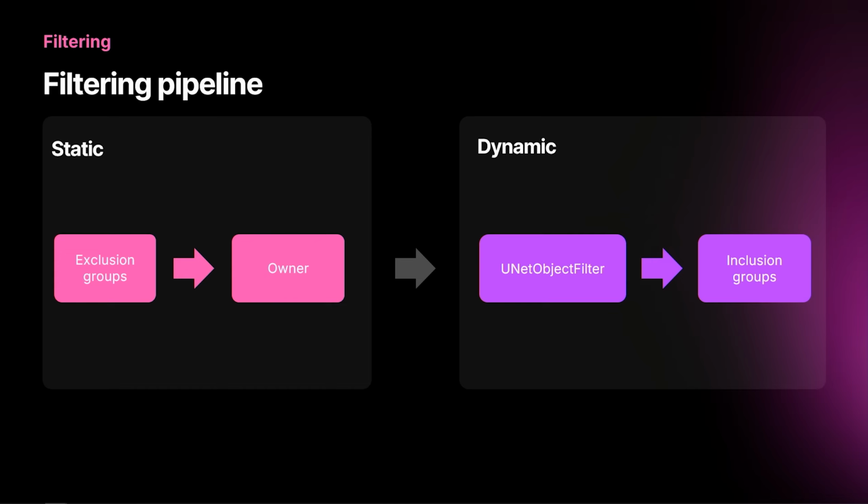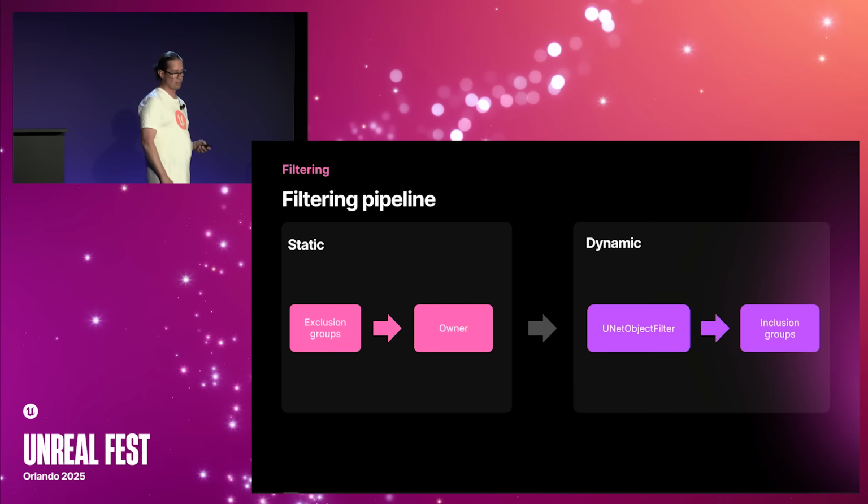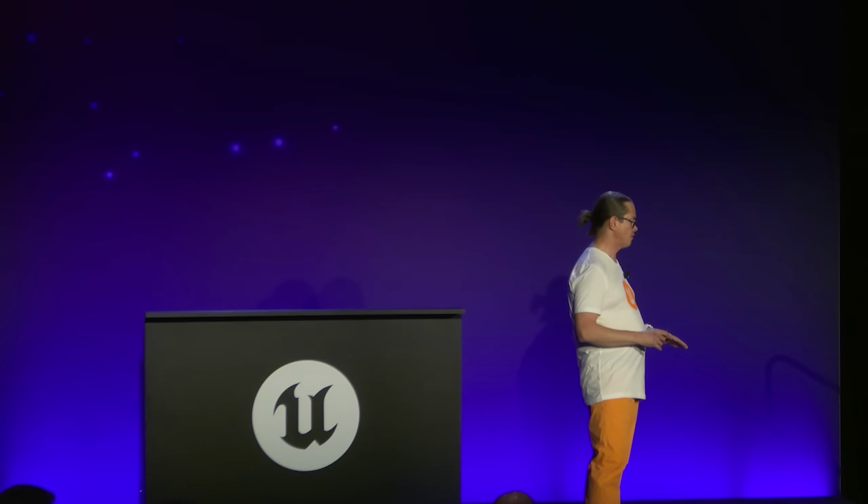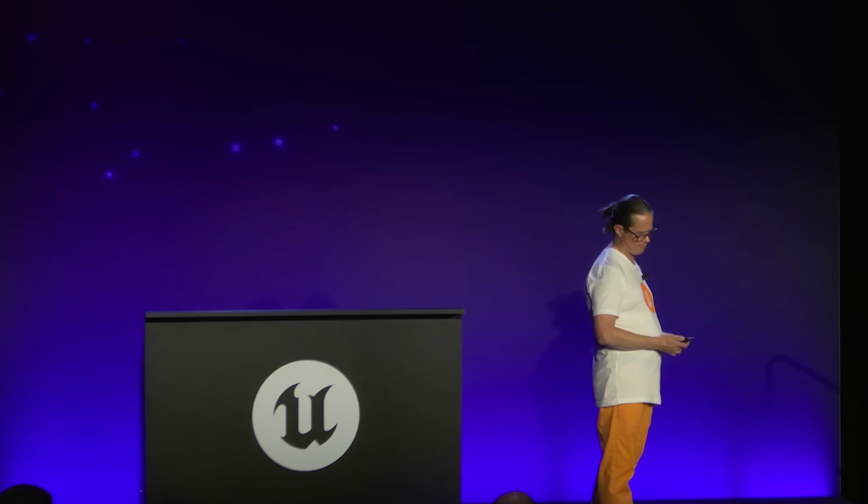And finally, inclusion groups, it's almost the same API in the replication system, but it can override the net object filter if the net object filter disallowed replication. Hence, inclusion group, it cannot do anything other than enabling replication of an object to one or more connections. There's also dependent actors, which isn't filtering, but those can also override net object filters.